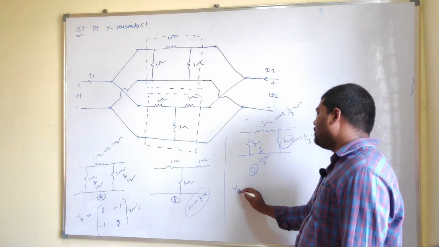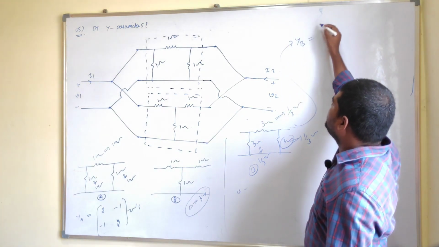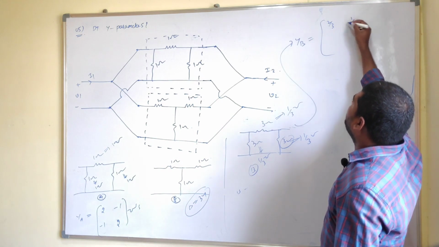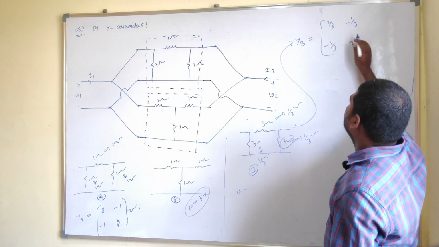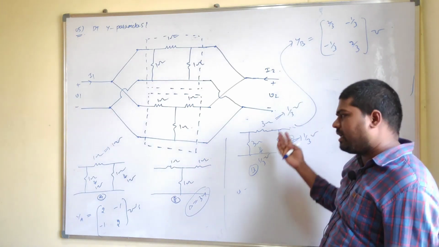So YB equals 1 by 3 plus 1 by 3, that is 2 by 3, then minus 1 by 3, minus 1 by 3, and 1 by 3 plus 1 by 3, that is 2 by 3. This is the y matrix for the B network.